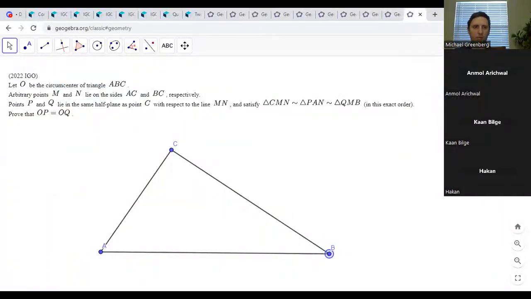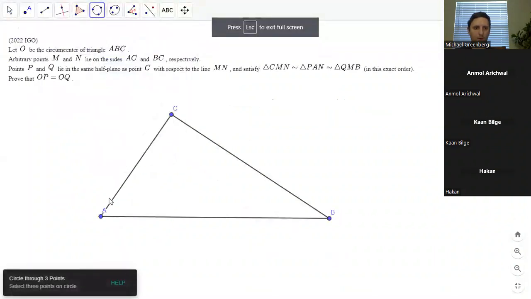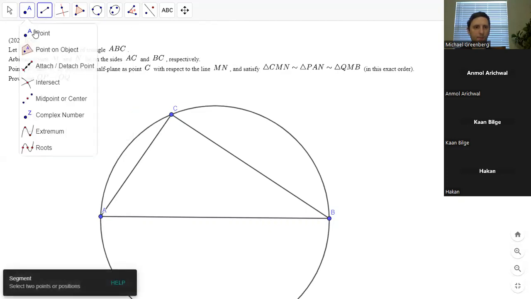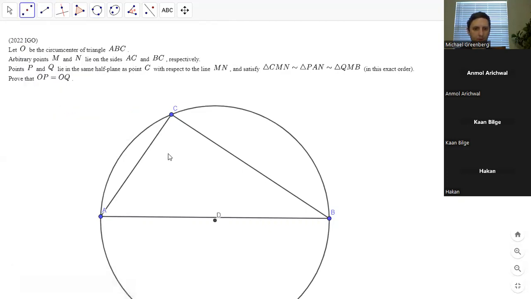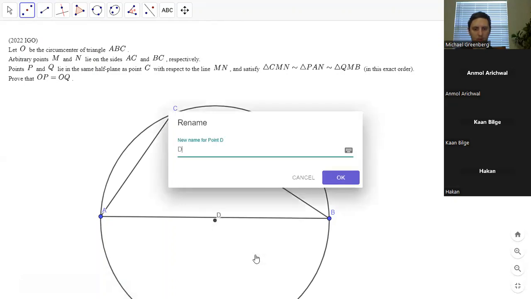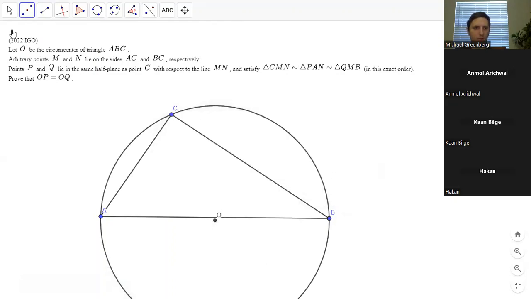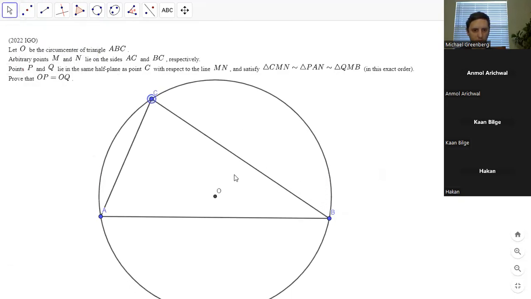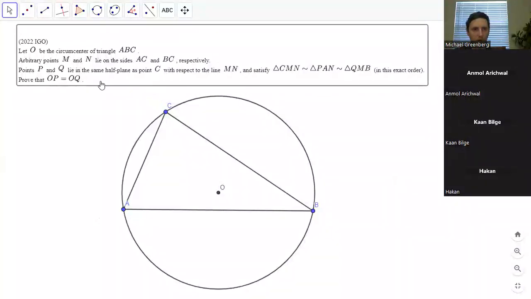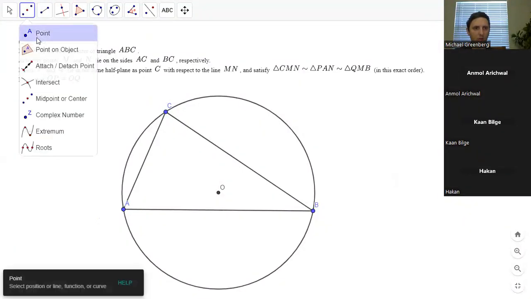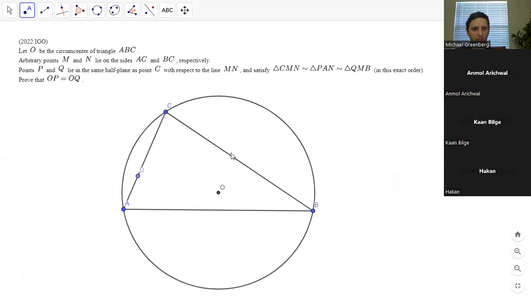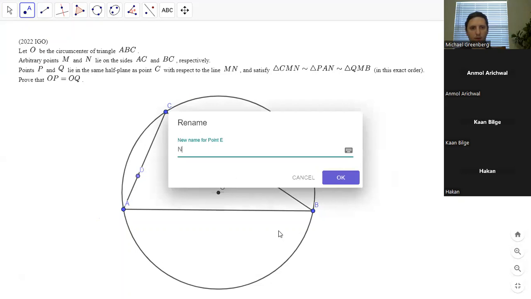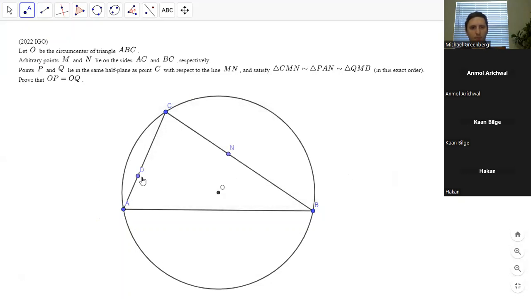Okay, so O is the circumcenter, and then we have arbitrary points on AC and BC. And an N. That's pretty arbitrary. They can just be any points they want. This is N, and this is M.